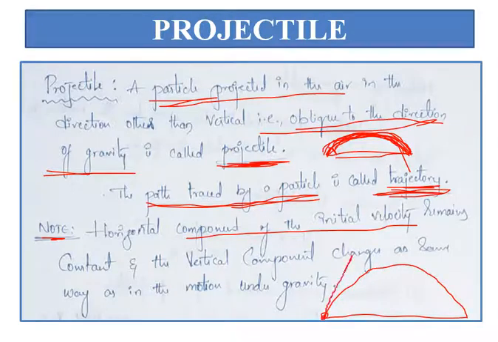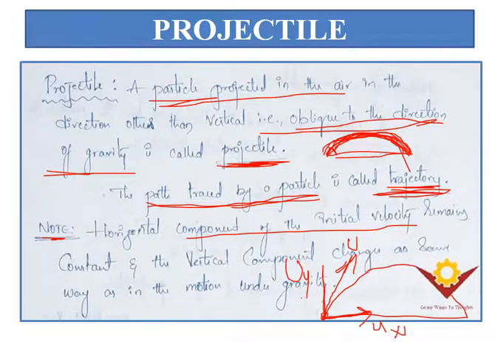Here it has velocity in this direction, which is u, and another velocity in the horizontal direction, which is ux, and another component, which is uy, right? So you are projecting into the air with velocity u, and this is your absolute velocity, ux is the velocity in the horizontal direction, and uy is your velocity in the vertical direction.